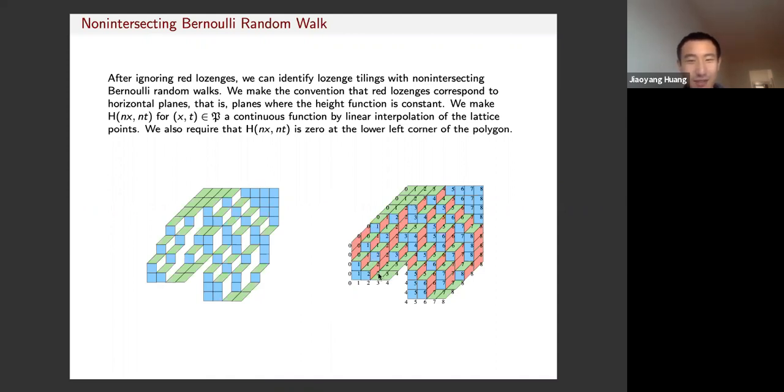Those are of height 2, and so on. You can think of it simply: everything on the left of the first path is height 0. Between the first path and second path, it's height 1. And between the second path and third path, it's height 2. And we denote the height function by capital H.